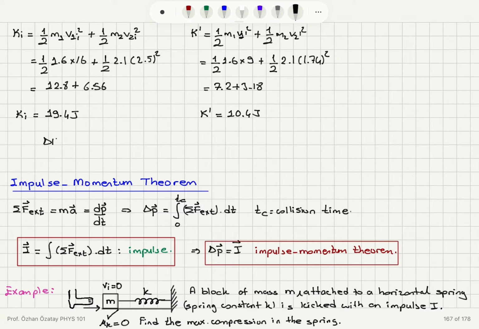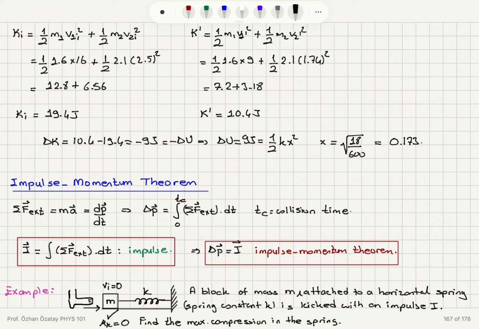So there is a loss of kinetic energy, delta K, 10.4 minus 19.4, minus 9 joules, which is equal to minus the change in the potential energy. Therefore, the change in potential energy is 9 joules, which is stored in the spring as 1/2 k x squared due to our conservative restoring force. And this gives us for x the square root of 18 divided by 600, which is our spring constant, and we find the compression to be 0.173 meters.